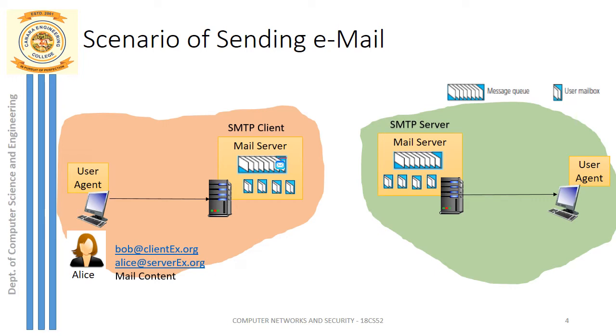So now we have the message sent by Alice in the message queue of the sender's mail server. The SMTP client will connect to the SMTP server using a TCP connection through port number 25.